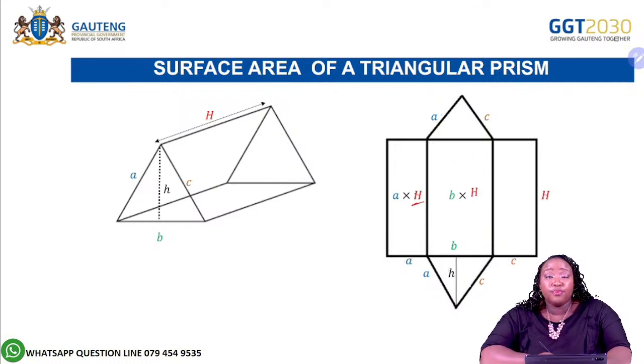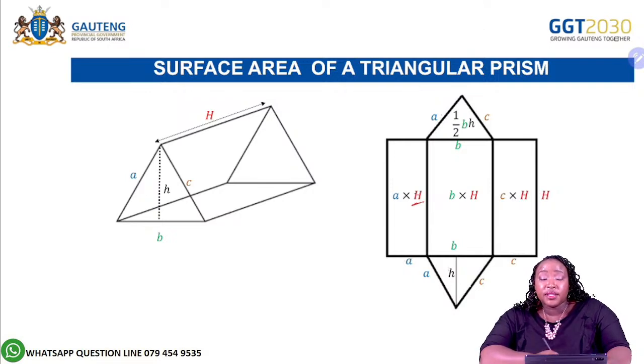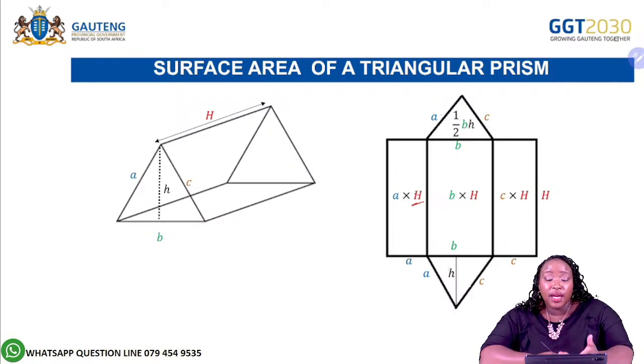Then we have B times H for the middle rectangle, and the last one will be C times H. To get the area of the triangles, they are the same in this case, so it will be half base times height for each of them. Why do we need to know the areas?